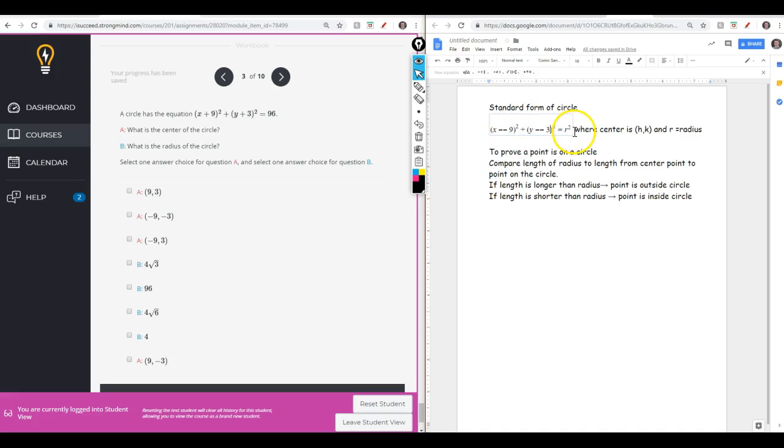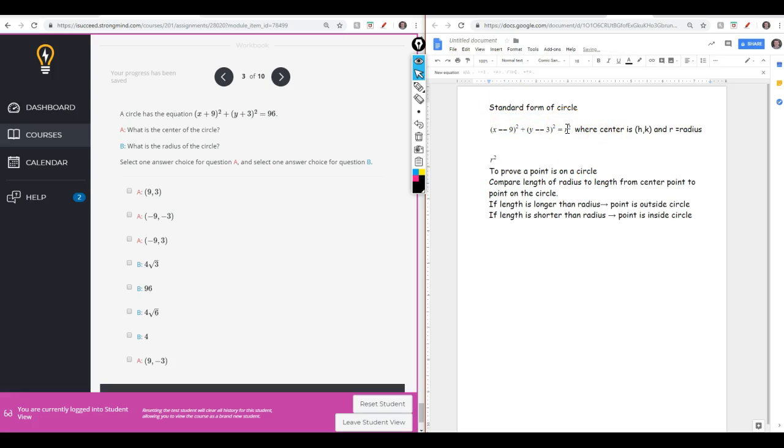And I noticed that 96 is where r squared is. So I know that r squared is equal to 96 because it's right here in this position. So the center, it says where h and k is the center.